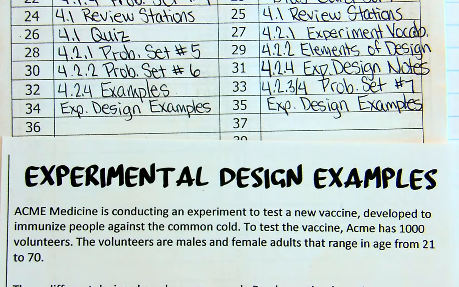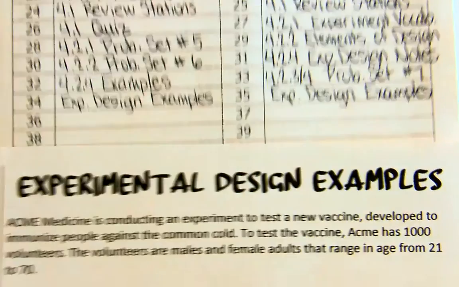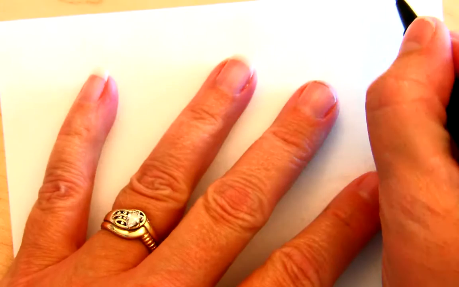So they'll be right there beside each other. So this on 34, and then we're going to write on 35. This is page 35.